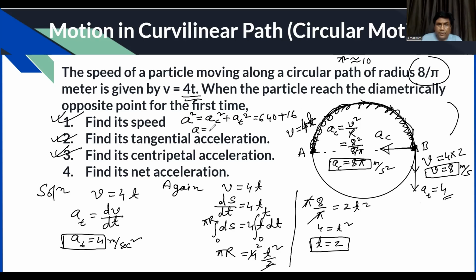So A equal to under root of 640 plus 16, that is 656. Under root 656 meter per second square. If you can, you can simplify it again. But otherwise, this is the answer.